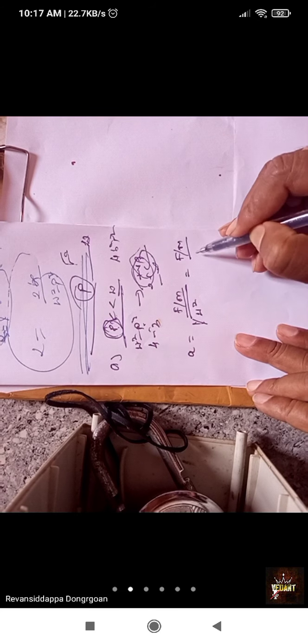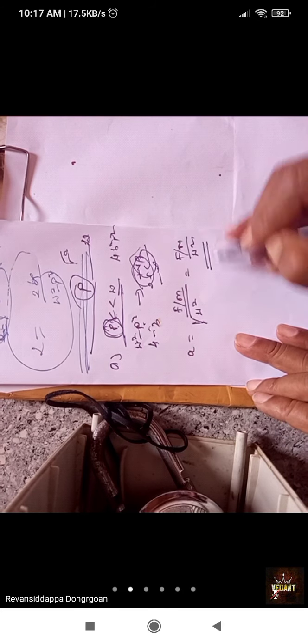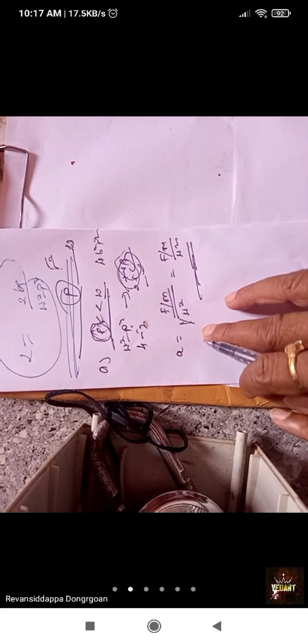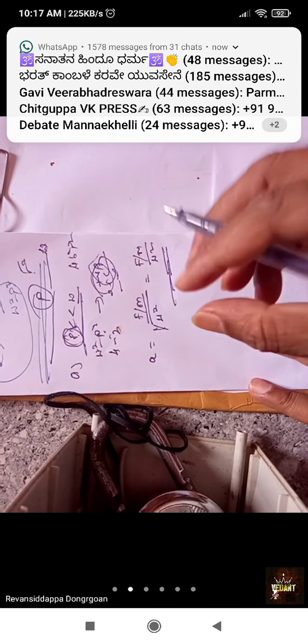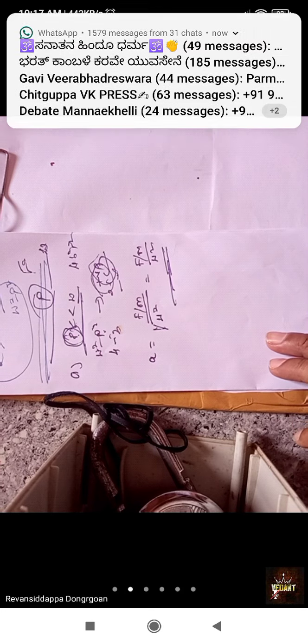Therefore A is equal to F by m omega square. This is the amplitude when the applied frequency is very much smaller than the natural frequency.